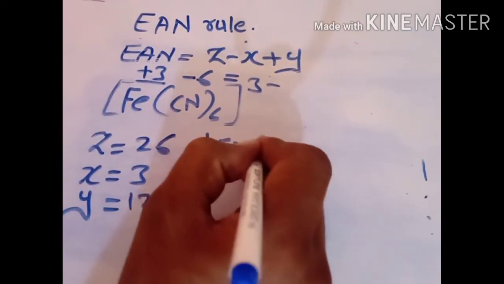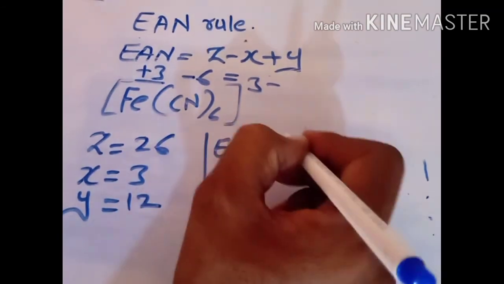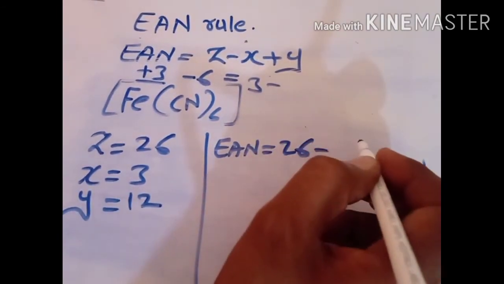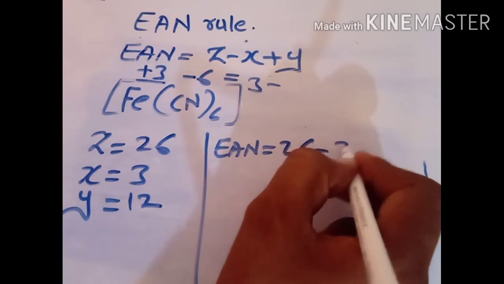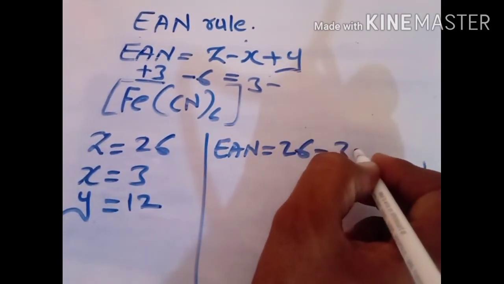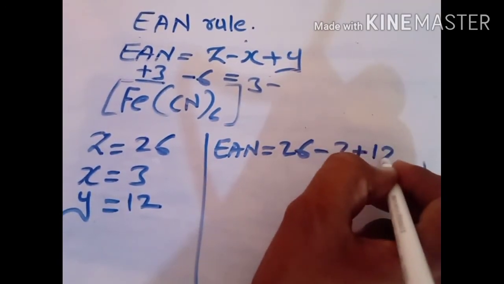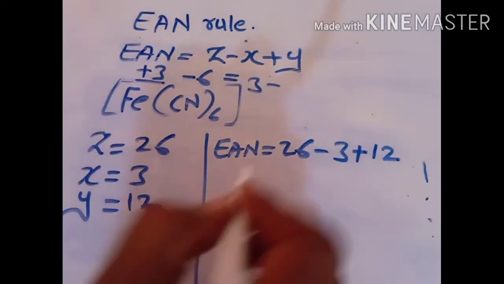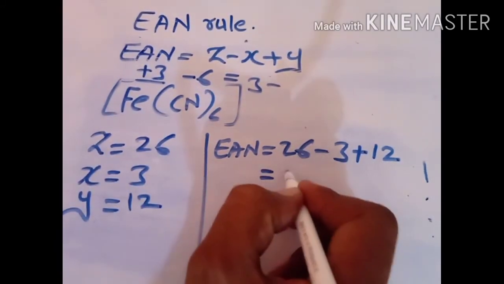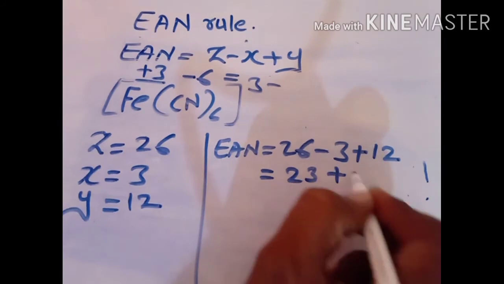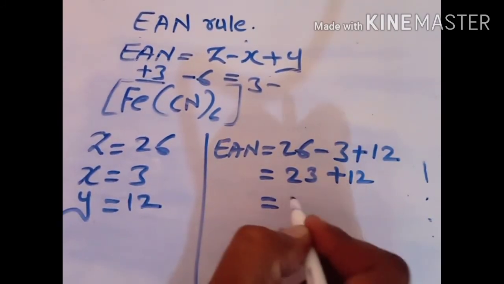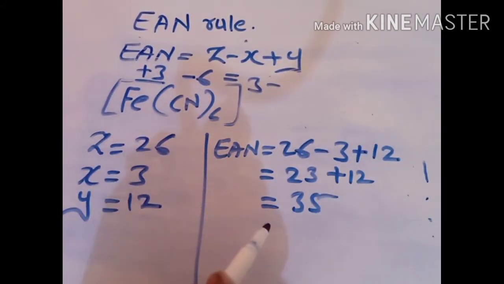EAN is equal to 26 minus 3 plus 12. That will give us 26 minus 3, that is 23, plus 12, that is 35.